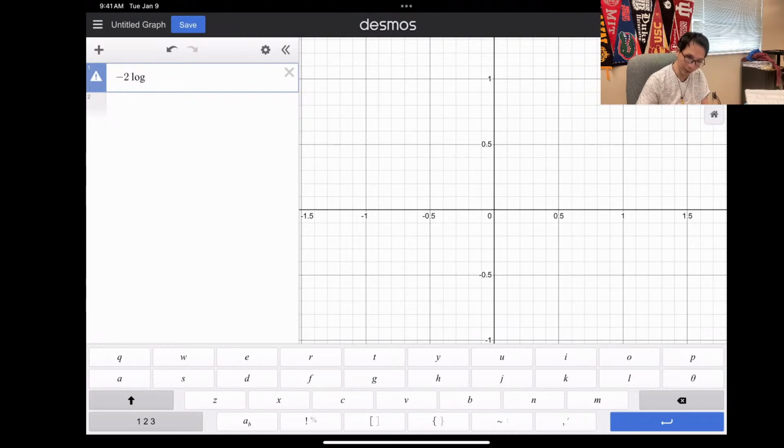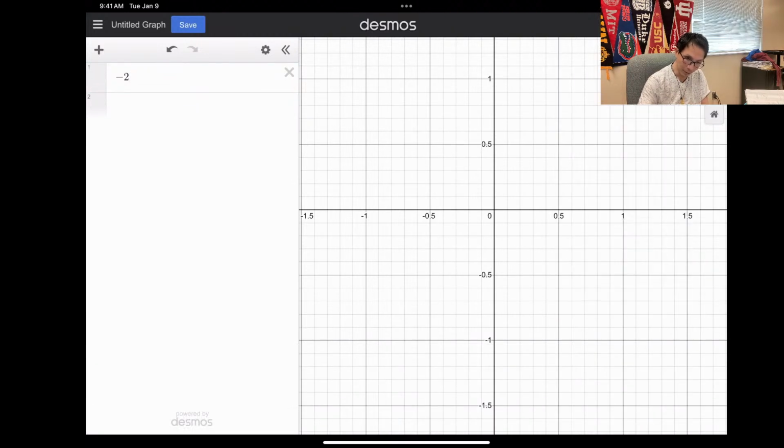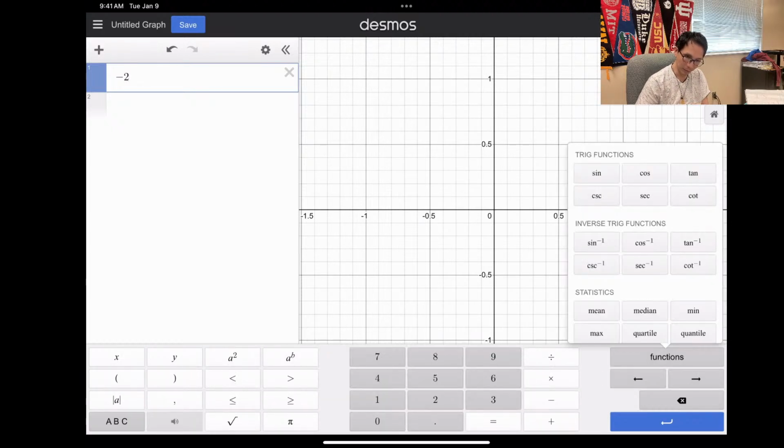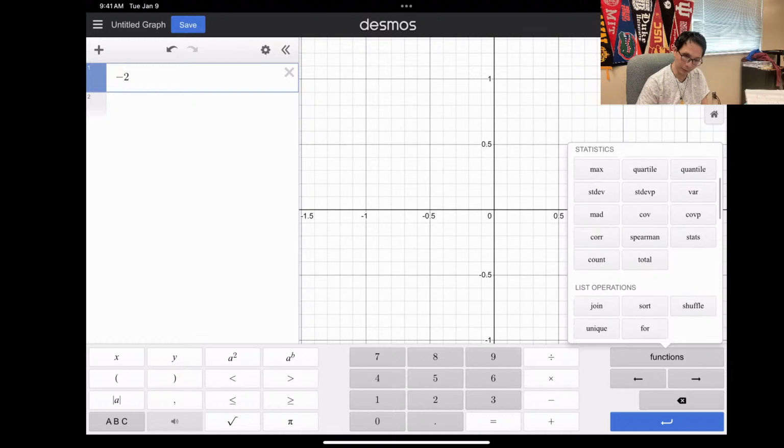They have a base, so I need to change the base. How do I get to the function? You can find it in the function menu. Scroll down.